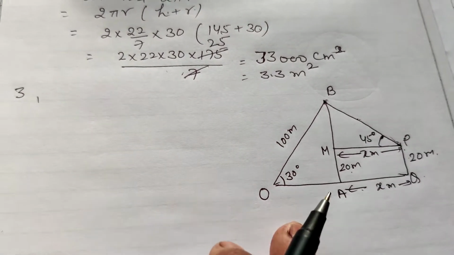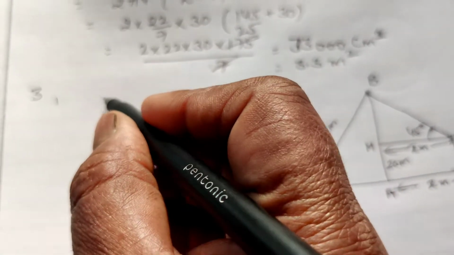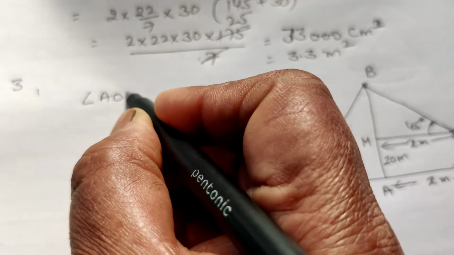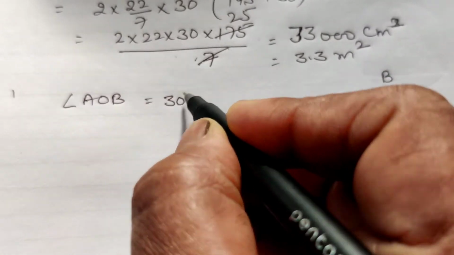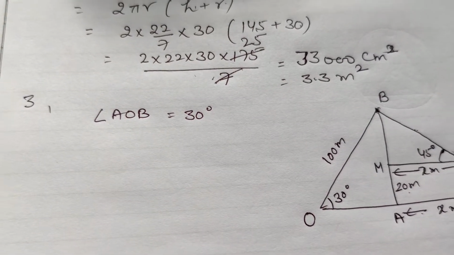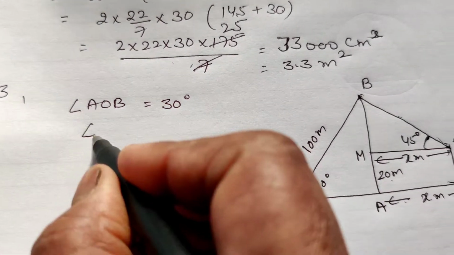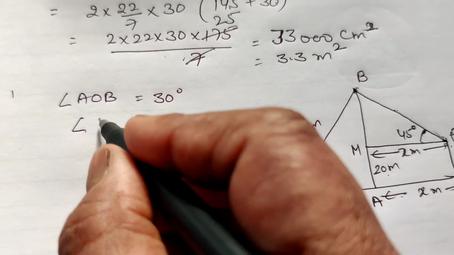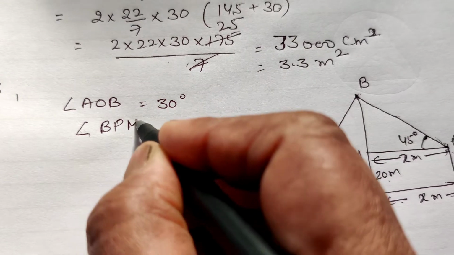Now write. Angle AOB equal to 30 degree. And angle BPM equal to 45 degree.